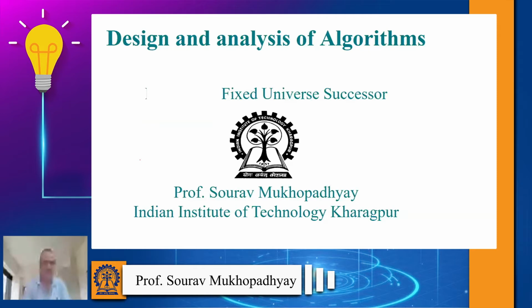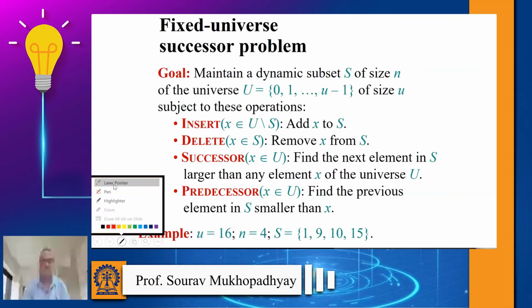We need to have a data structure for this set S such that we can do these operations in a faster way. Insert: we should be able to insert an element in the set S. Delete: we should be able to delete a record from this set S. And we should be able to find the successor. What is the successor? I will discuss that.